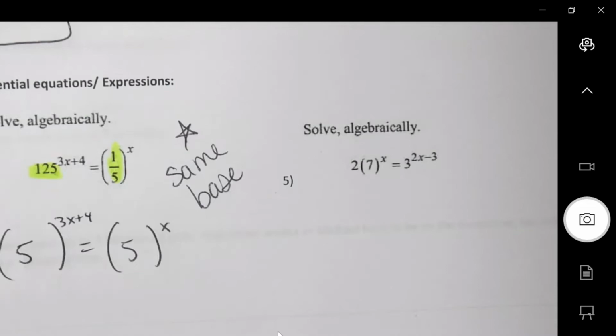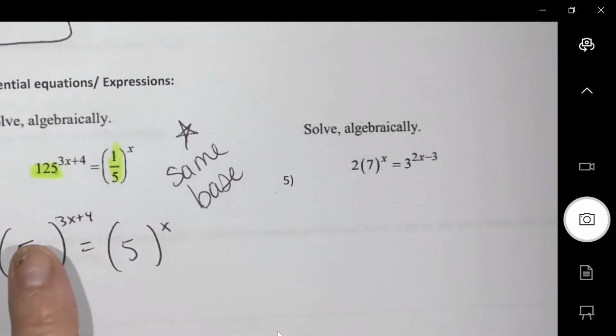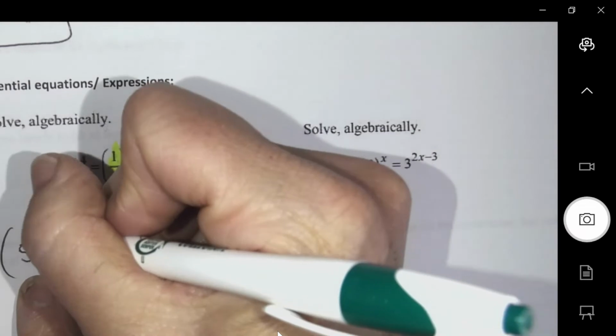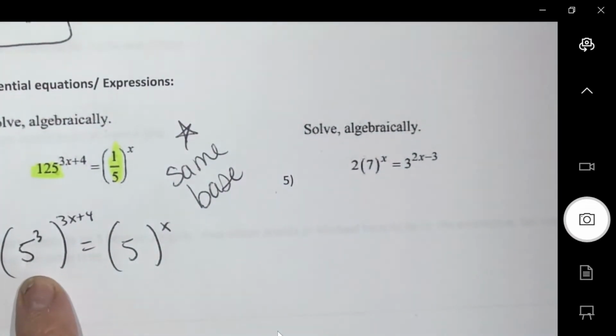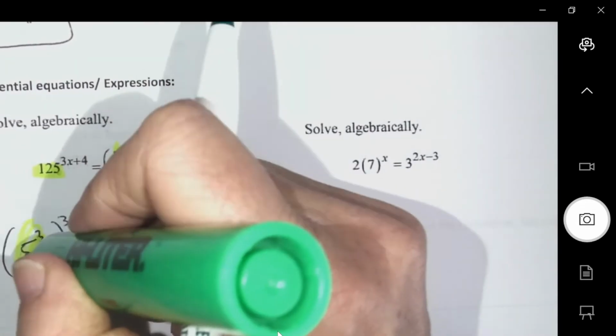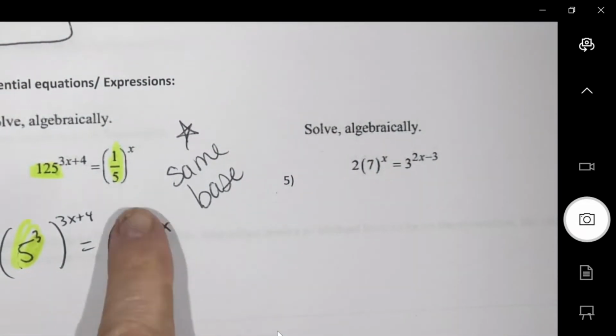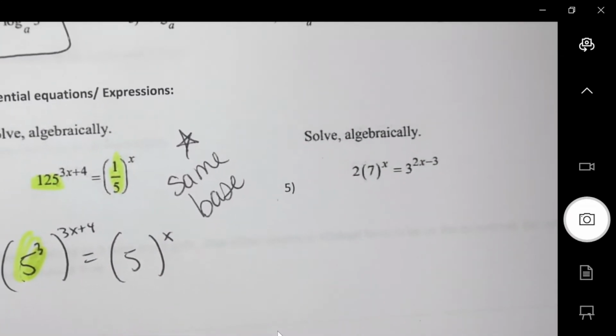You see my work right now? I left the exponents there. I haven't touched those yet. Okay, 125 can get replaced with 5 cubed. So I just replaced 125, I replaced it with 5 cubed. 1/5, what can you replace that with? -1.